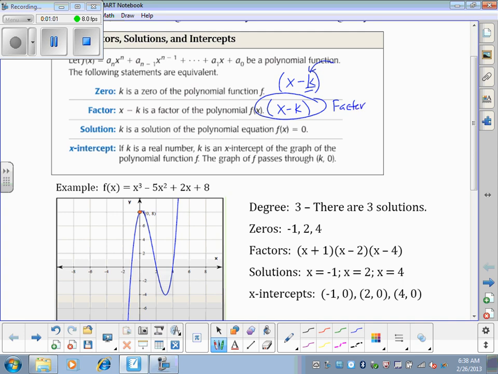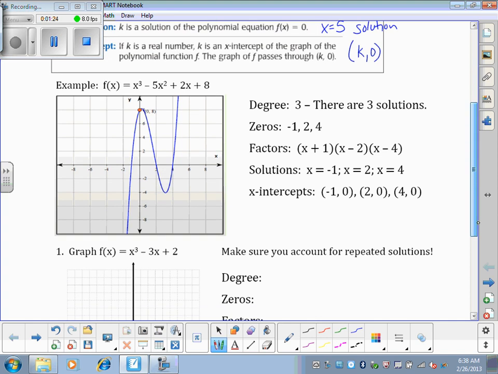And if we set that whole thing equal to 0 and solve for it, so you get x equals, let's say, 5, that's going to be a solution. And then, of course, where it crosses the x-axis is going to be at (k, 0), or in this case, it'd be (5, 0). Okay, so let's try this in action here.